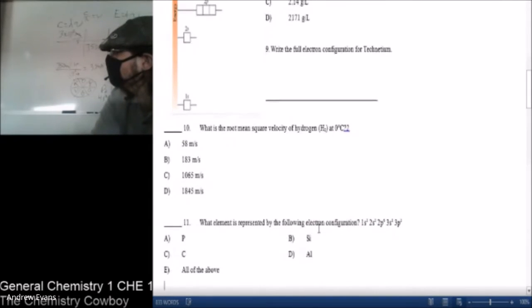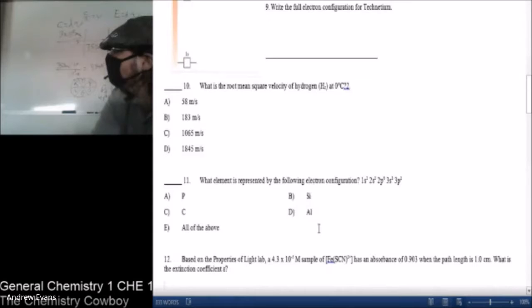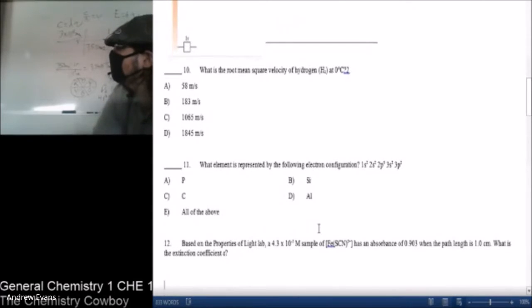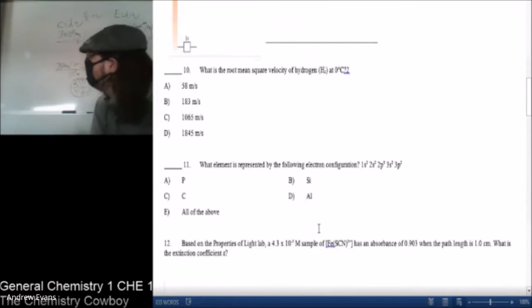Okay, 11. What element is represented by the following electron configuration? 1s2, 2p6, 3s2, let's say 3p2. Yeah, 3p2. So 3s2 is magnesium, 3p2 is silicon.